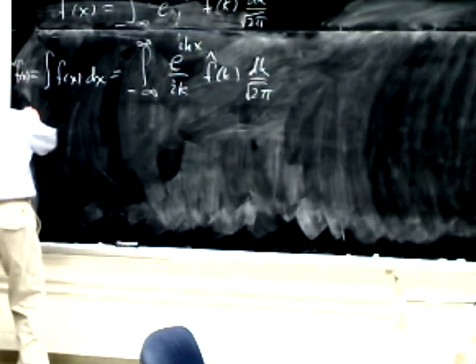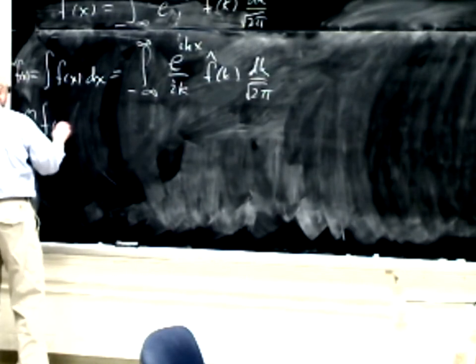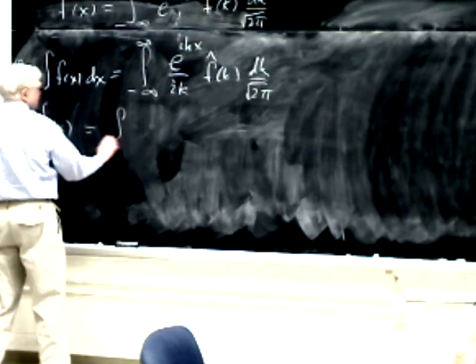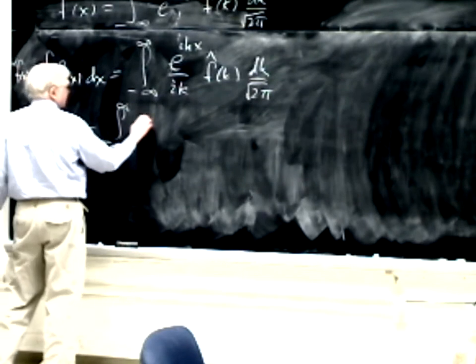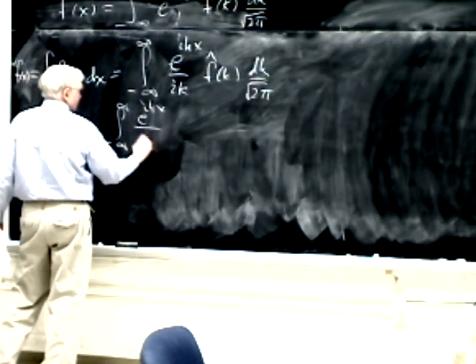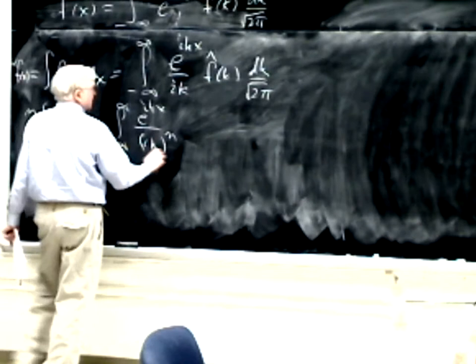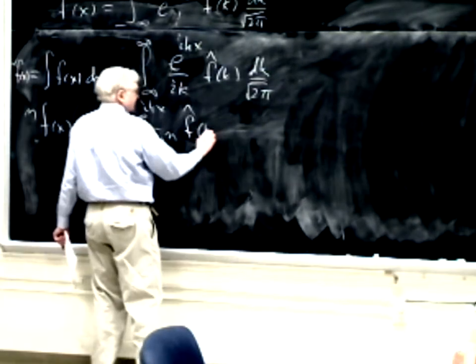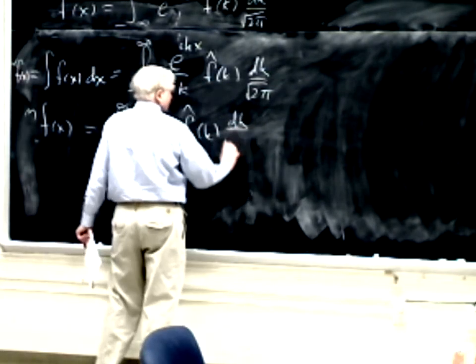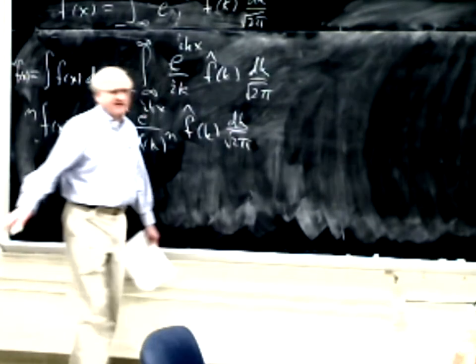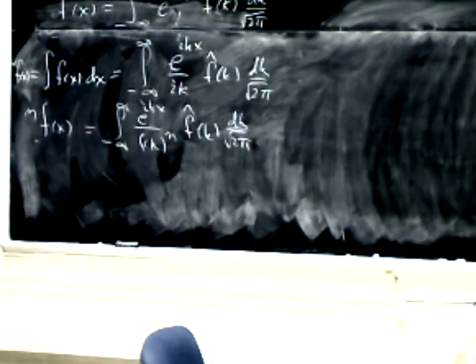In particular, then, the nth indefinite integral of f of x is just the integral from minus infinity to plus infinity of e to the ikx over (ik) to the n, f hat of k dk over root 2 pi. So one of the lovely things about Fourier transforms is it's very easy to integrate and differentiate.